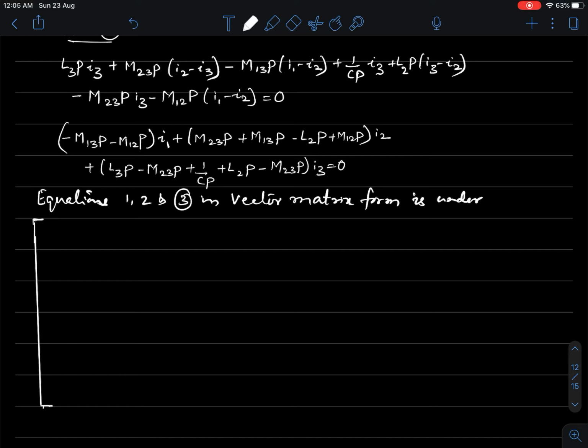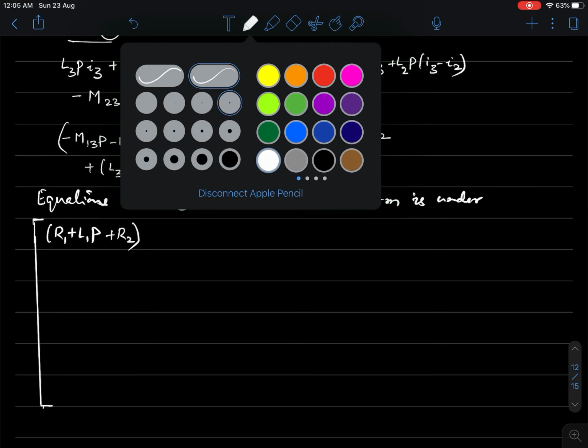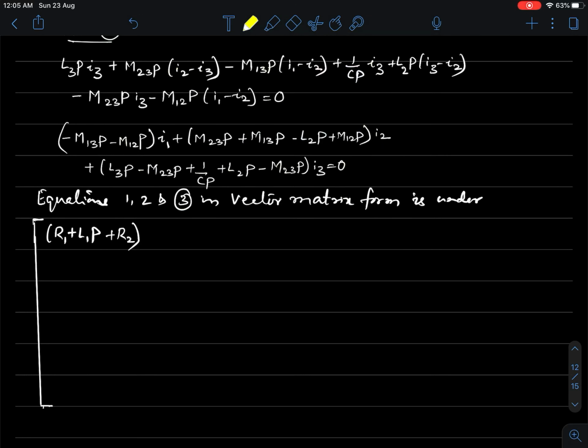So from equation 1, I have to pick up the coefficient of I1. That is R1 plus L1P plus R2 in parentheses. That is the coefficient of I1. Then I have to take the coefficient of I2, which is M12P minus L1P minus R2.